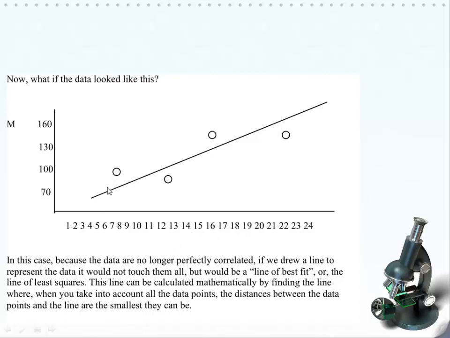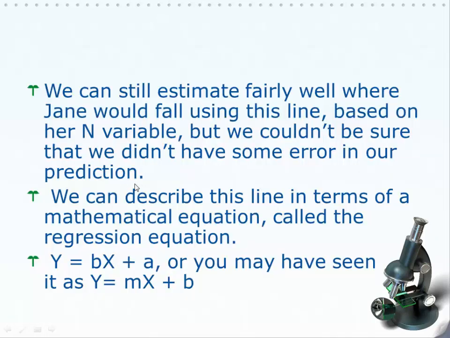We wouldn't be quite so sure that our estimate was as good as when the data lined up so neatly. So there's some variability in this line of best fit. We can still estimate fairly well where Jane would fall using this line based on her N variable, but we couldn't be sure that we didn't have some error in our prediction.